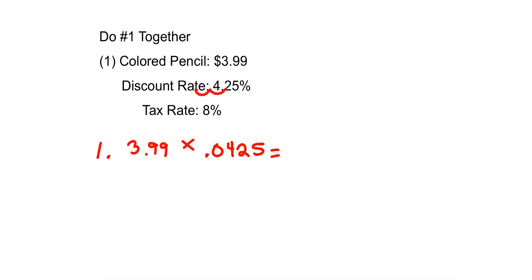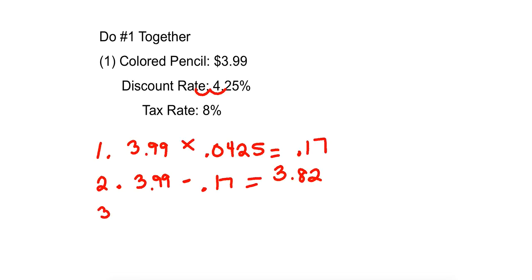And let's get this first. So 0.0425 times 3.99 gives me 17 cents. Check your rounding. So that's all I'm saving today on $3.99. It's not very much because it's a small amount. Is 17 cents. So I get $3.82. So now I have to take my $3.82 times my tax rate.